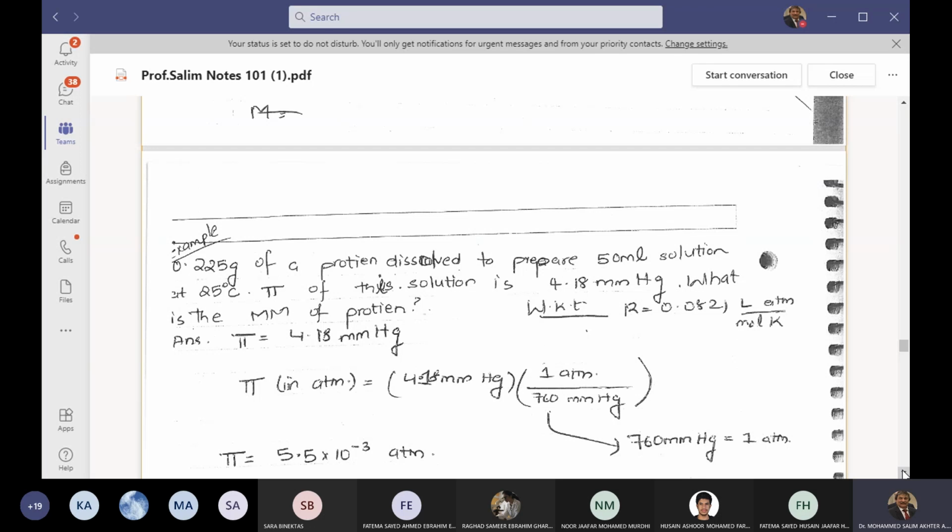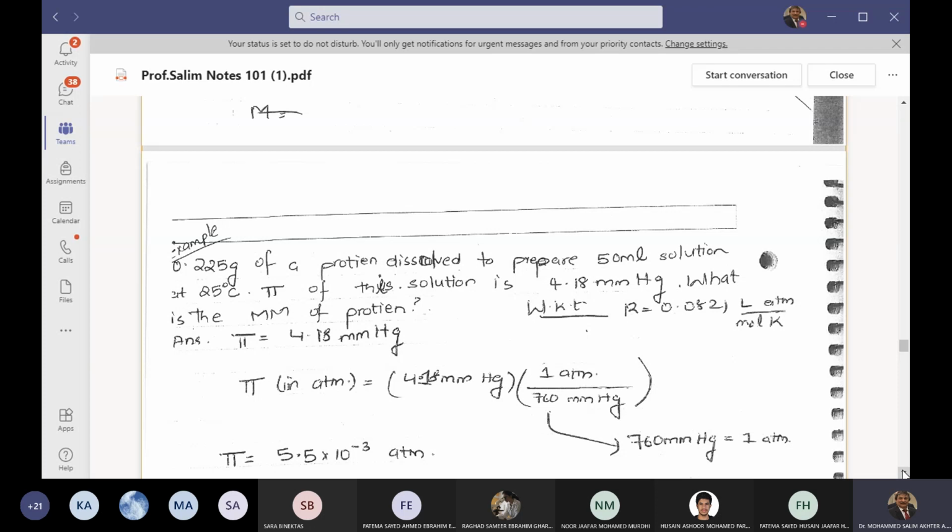The 4 colligative properties, all these properties we can use to find the molar mass of an unknown substance. These 4 colligative properties can be used to find out the molar mass of an unknown compound.